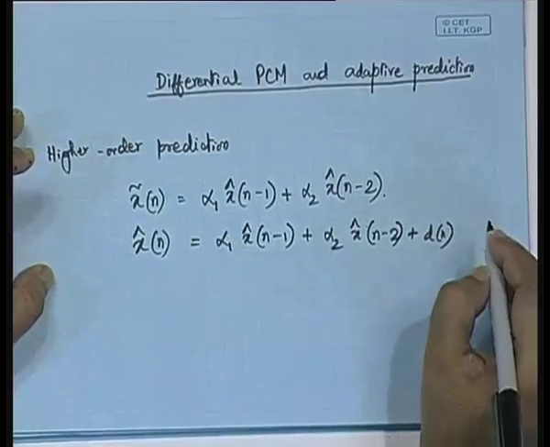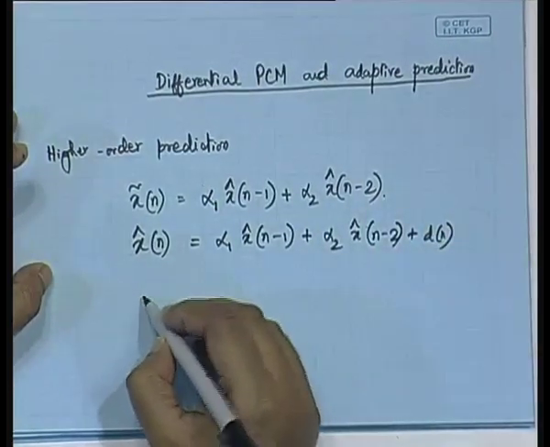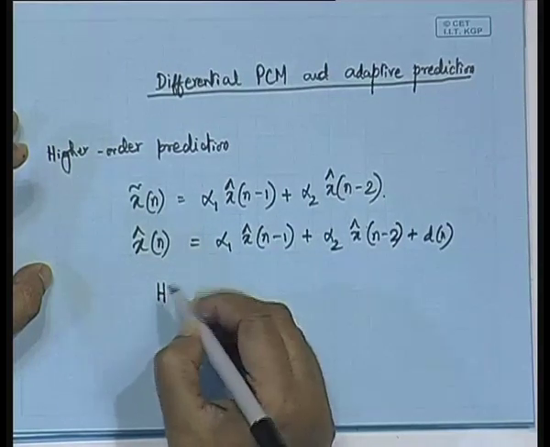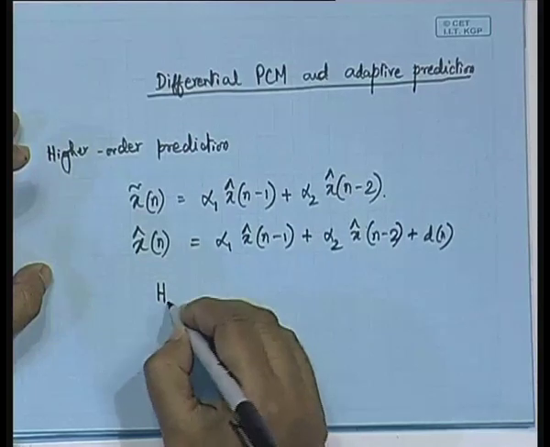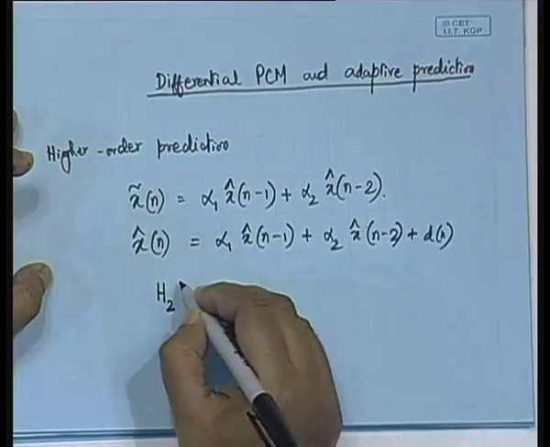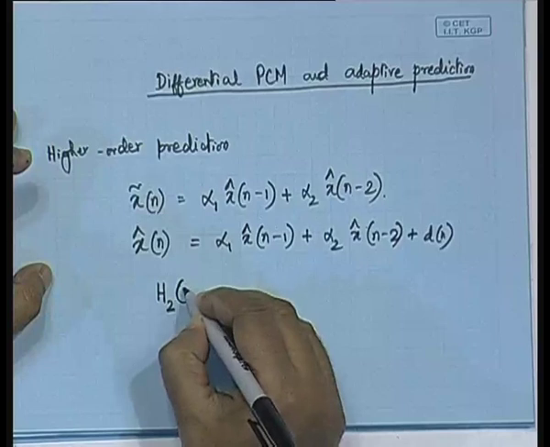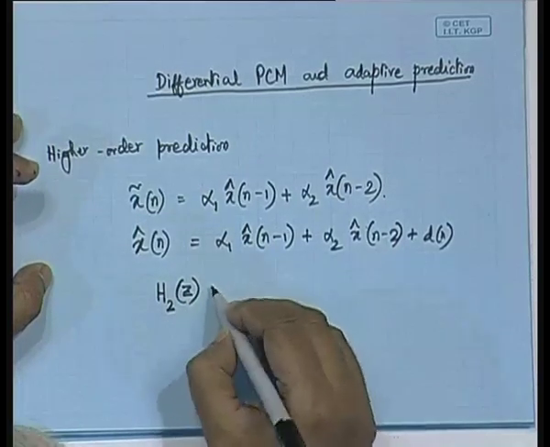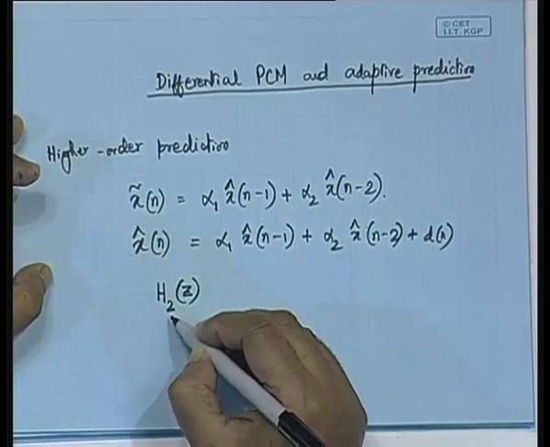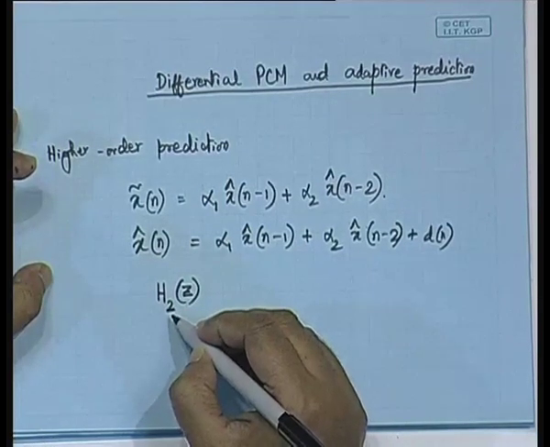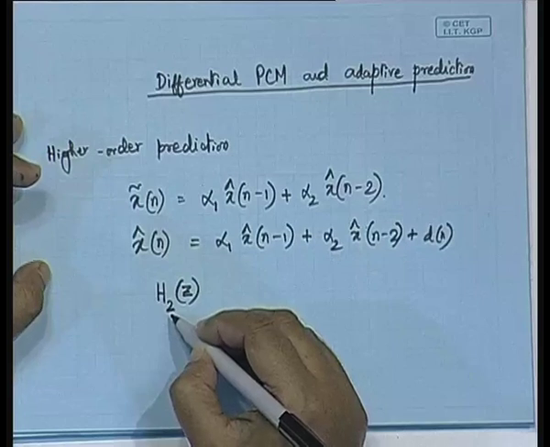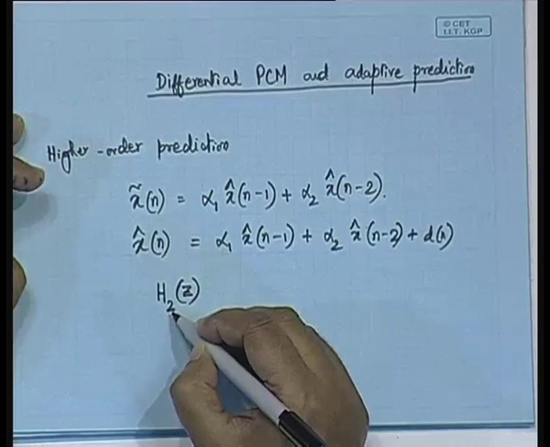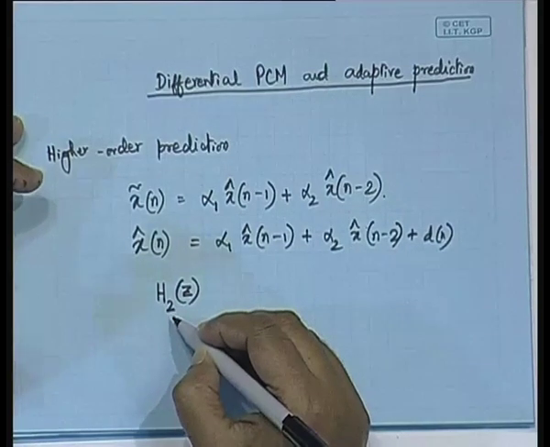And this is characterized by the corresponding transfer function, or Z transform function, for the encoder, which is going to be h, let us call it h suffix 2, because this is a second order prediction. So, if we write h1 as the first order prediction, we are going to write the second order prediction as h2.